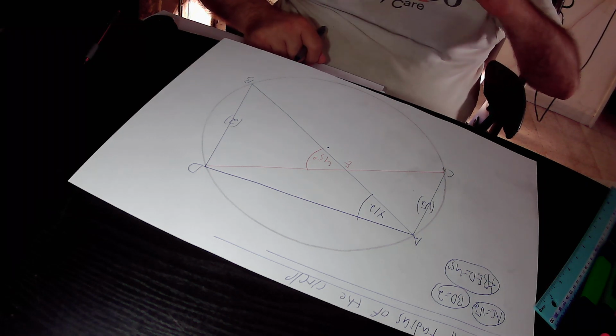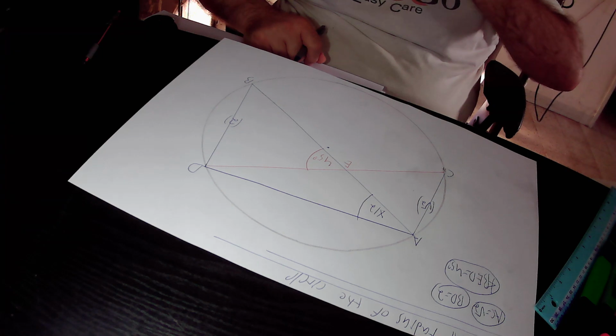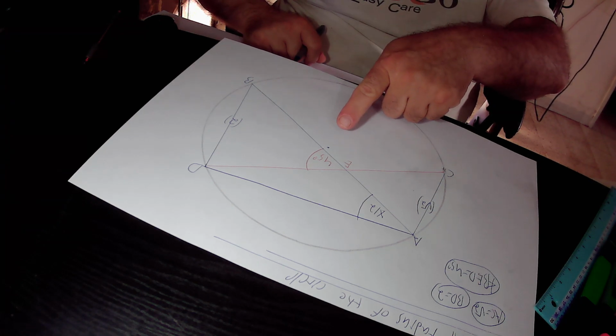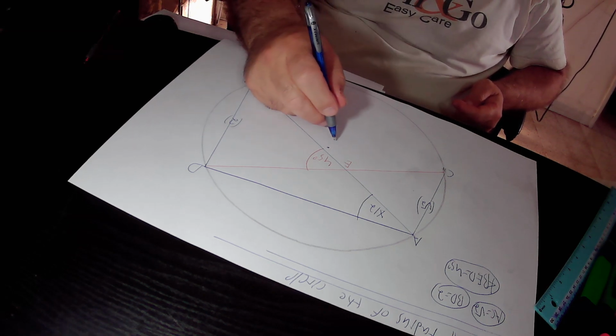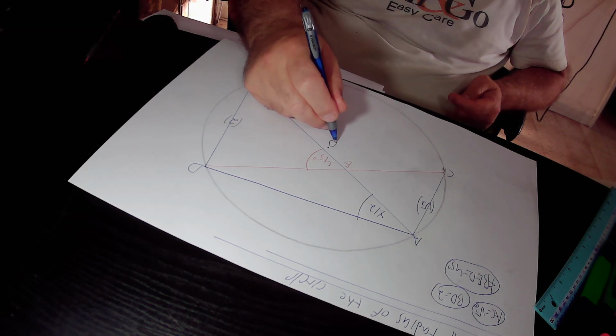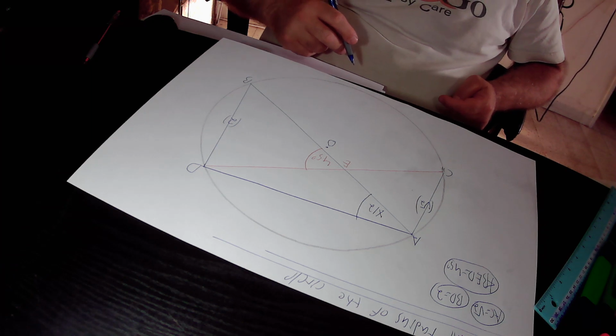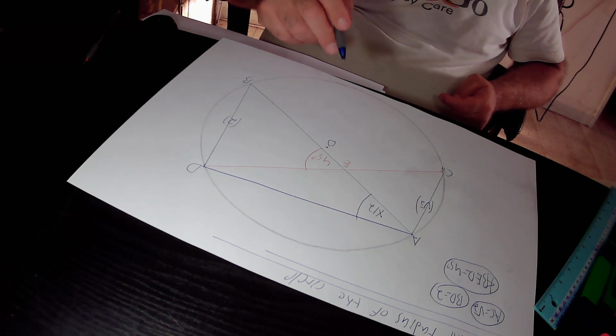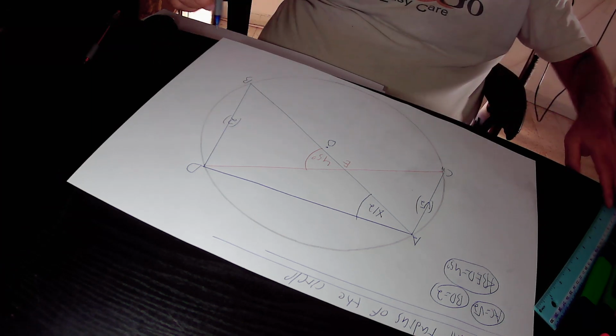In the next step, we'll define the center of this circle, this point O. And we will join points O and D together by a straight line.